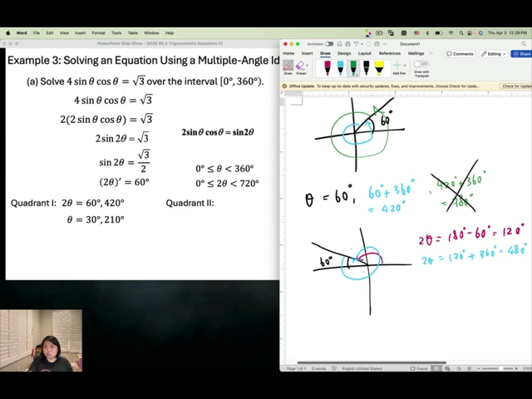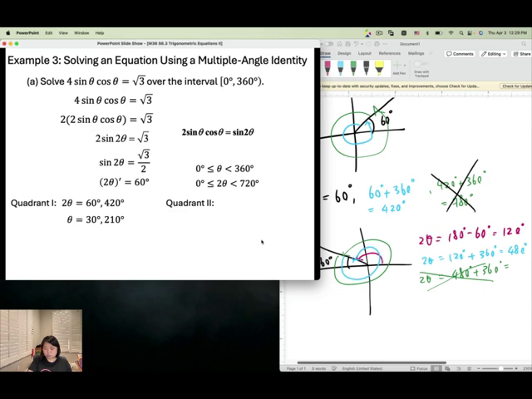After we have 480, we could add one more circle, so 2 theta equals 480 plus 360, and obviously this is going to be greater than 720, so we could ignore this one. So you should have 120 and 480. Then we divide the whole thing by 2. So this is going to be my solution set.